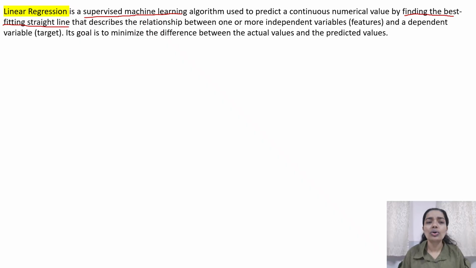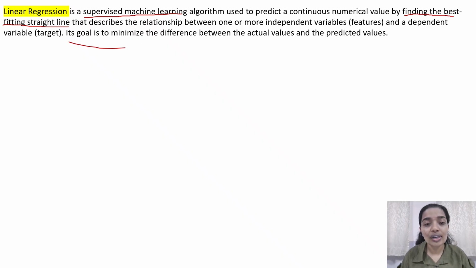It is quite similar to the margin of SVM, but in SVM the aim is to maximize the distance between the data points and the hyperplane. Here the aim is to find a best fitting line, which is a line that passes closely to the data points.